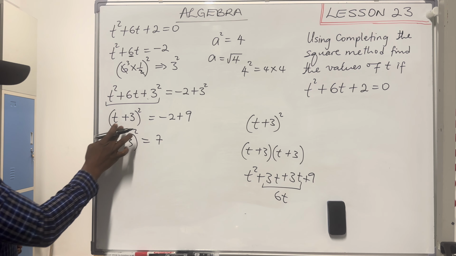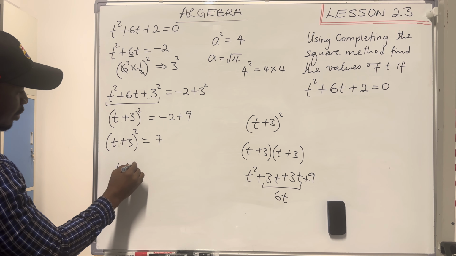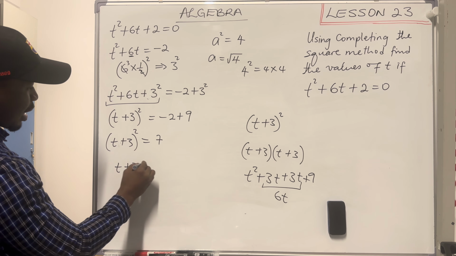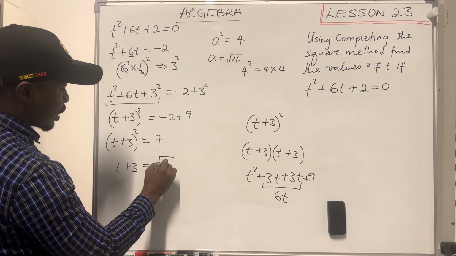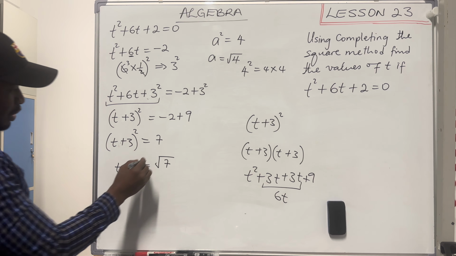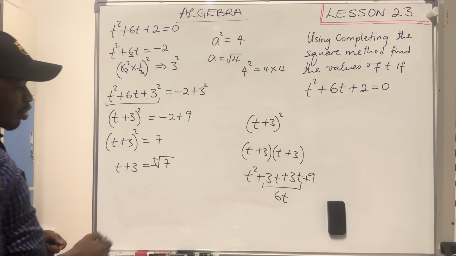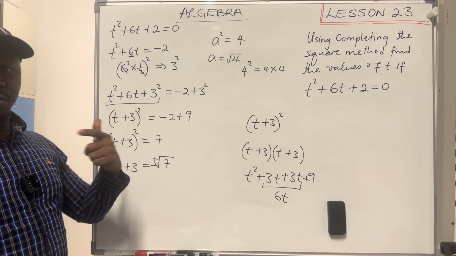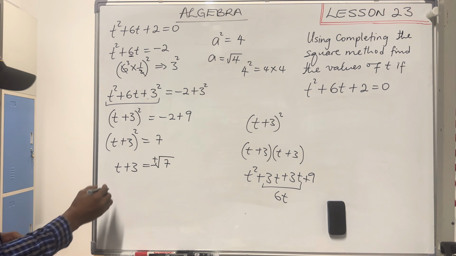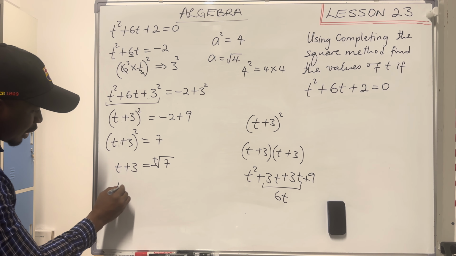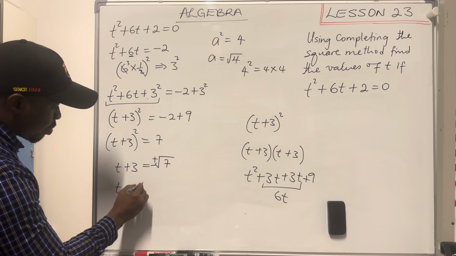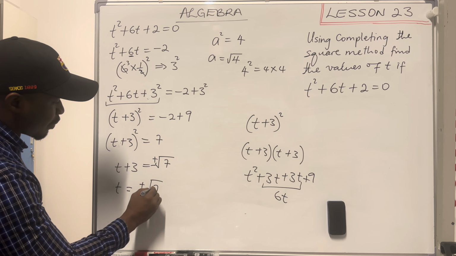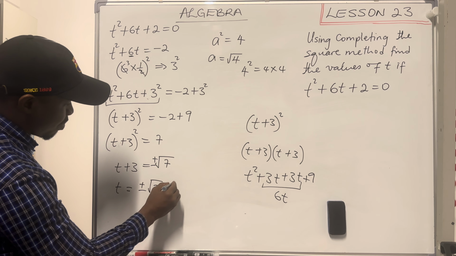So here again, we ignore this square and take the square root of the other side. So we say plus or minus because we are expecting two values. Quadratic equation, we are expecting two values here. So now we say t is equal to plus or minus root 7. We'll move this to the other side, minus 3.